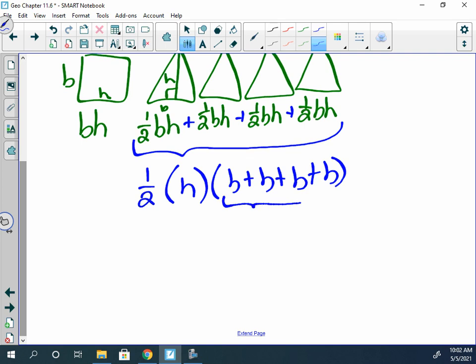And as we saw yesterday, this is really just the perimeter. So that's where we get that formula, 1/2 base times height, or 1/2 of P times L. P is the perimeter. It's really adding all those lengths together and putting them into 1.